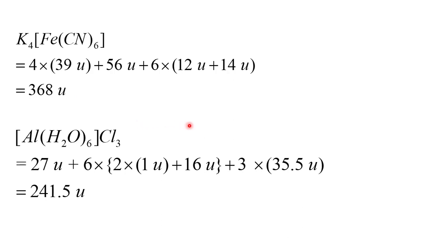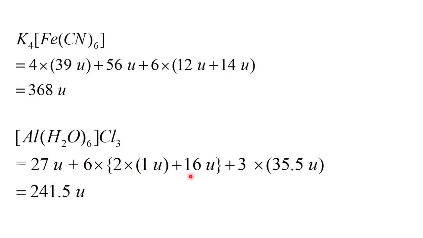And last example, [Al(H2O)6]Cl3. Here chlorine is outside the square bracket. Such species in which square brackets are mentioned, we call complex compounds. Aluminum atomic mass is 27. The water molecule we have already calculated as 18. How many water molecules? 6.